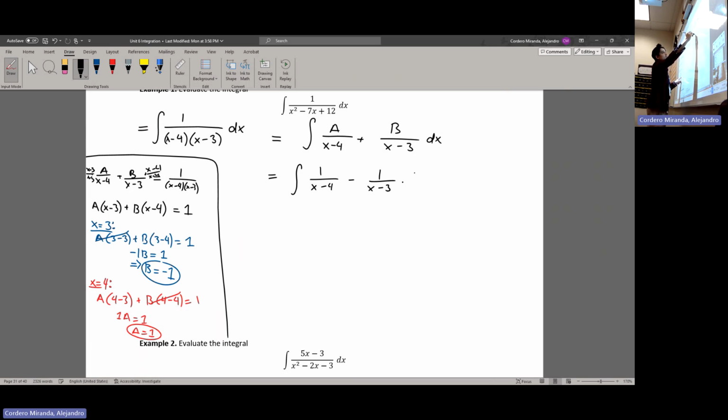Negative 1 over x minus 3 dx. And then this is just a really quick natural log type of integral. You've got 1 over x minus 4 dx. Let me split up the integral so that it's easier to deal with.